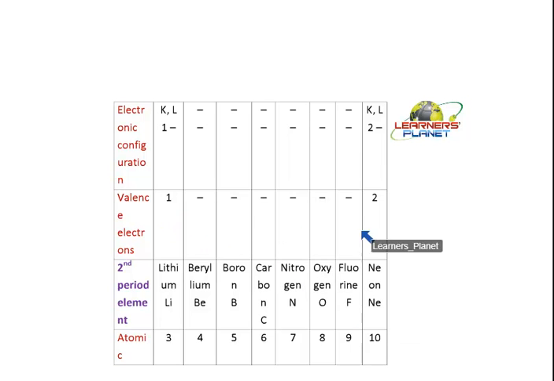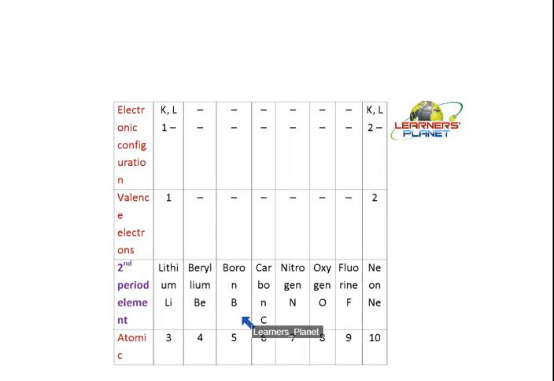1 and 2. Now taking up the second period elements, that is lithium, beryllium, boron, carbon, nitrogen, oxygen, fluorine and neon. These are the symbols of these elements. You must be knowing the symbols, I suppose. We have done complete chemistry of 10th standard now, so you must be aware of these symbols. So what are the atomic numbers?